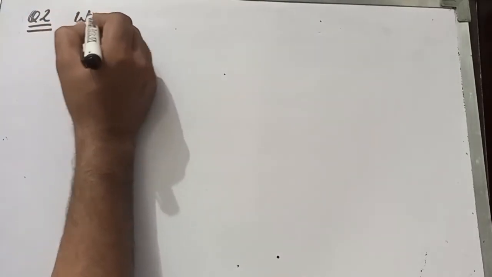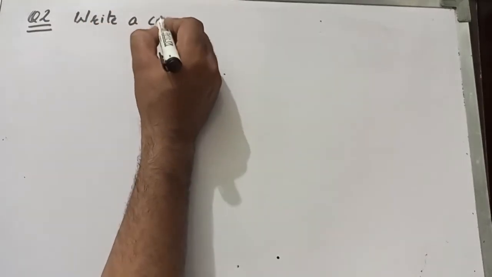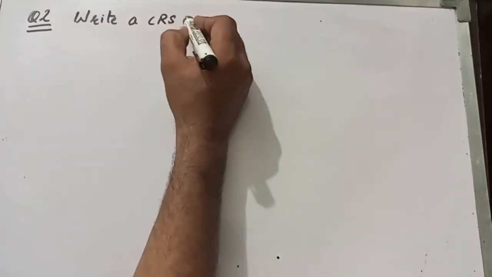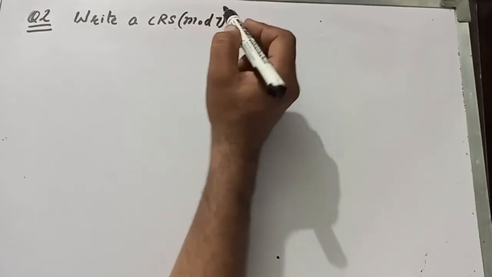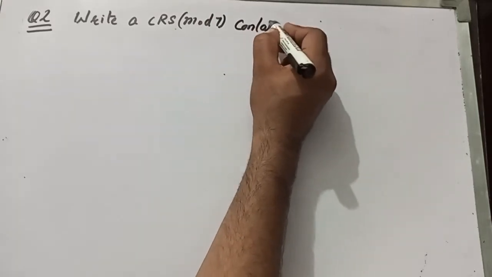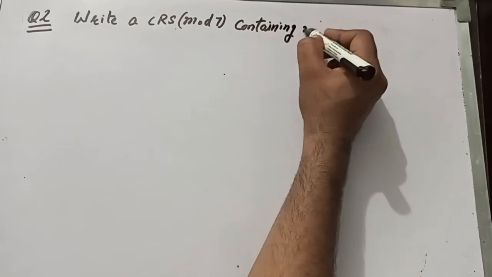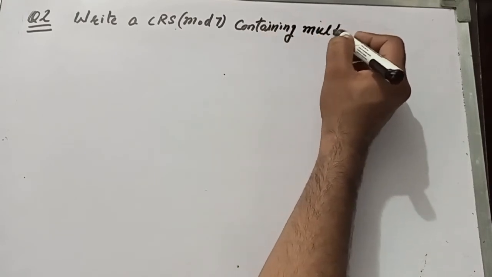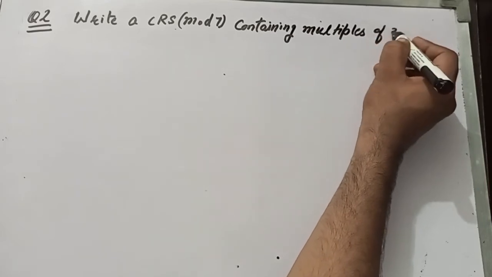क्वेश्चन नंबर 2 क्या है? Right. A complete residue system modulo 7 containing multiples of 3.